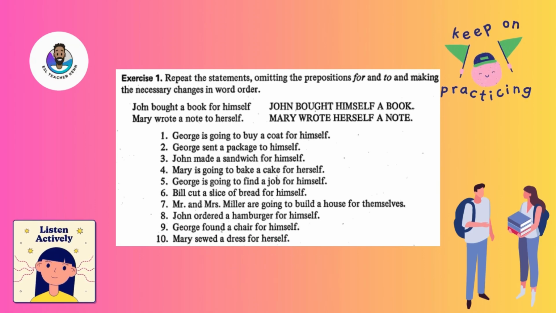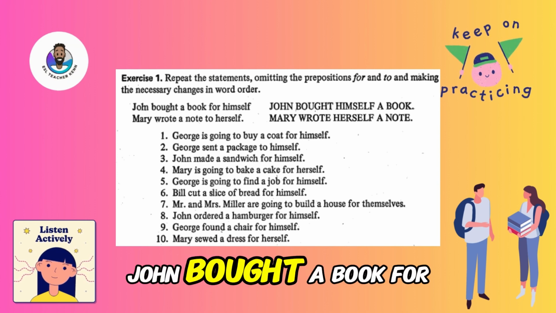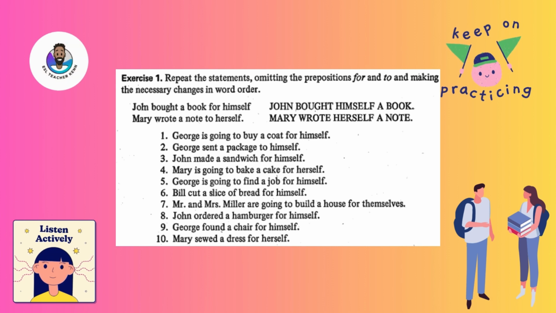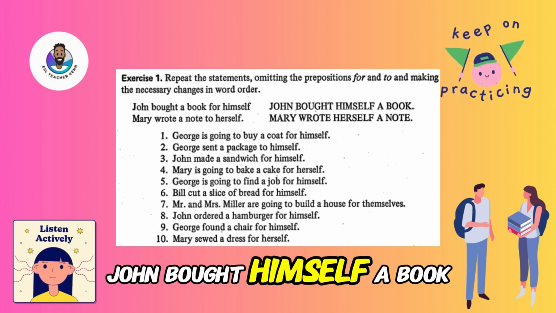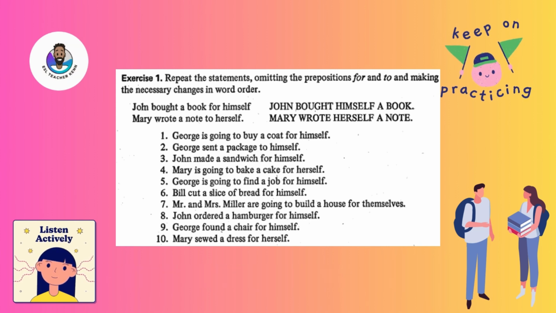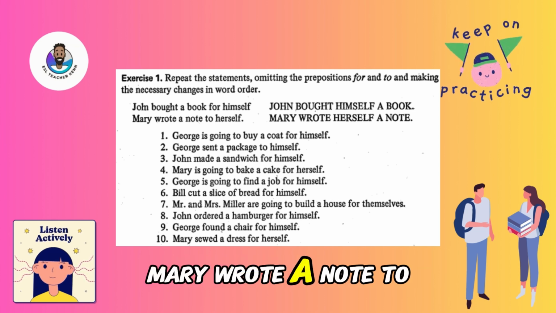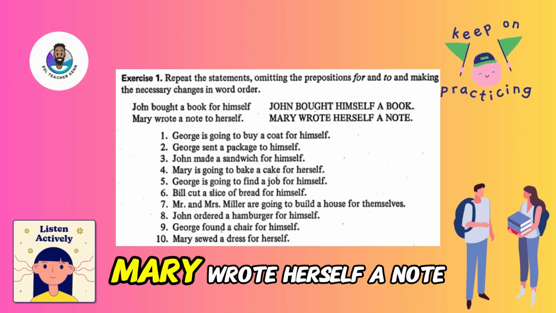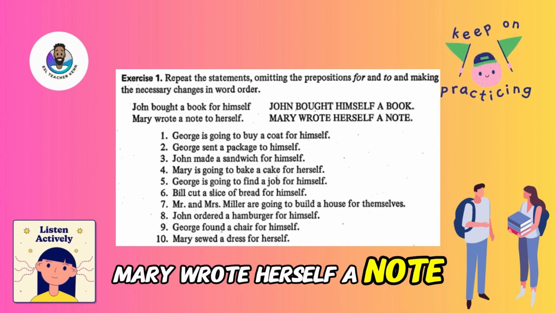Exercise 1. From the examples. John bought a book for himself. John bought himself a book. Mary wrote a note to herself. Mary wrote herself a note.